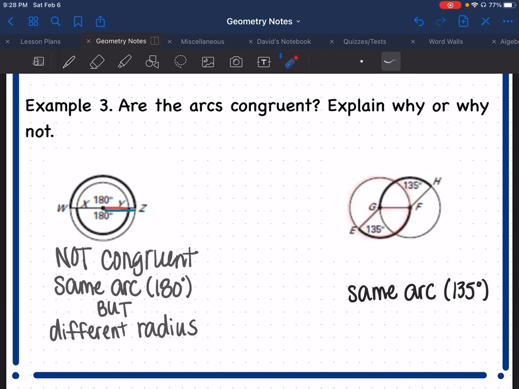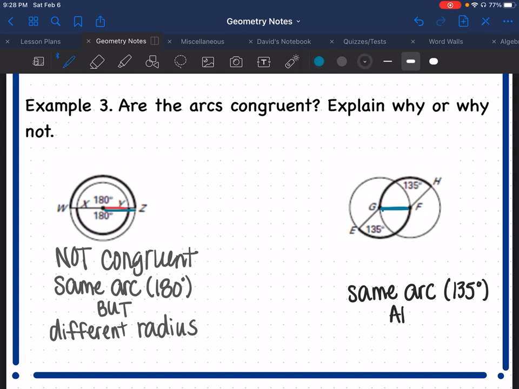Those would be my two radii. My radius of circle F on the right would be FH or GF. So once again, they both have this for a radius.